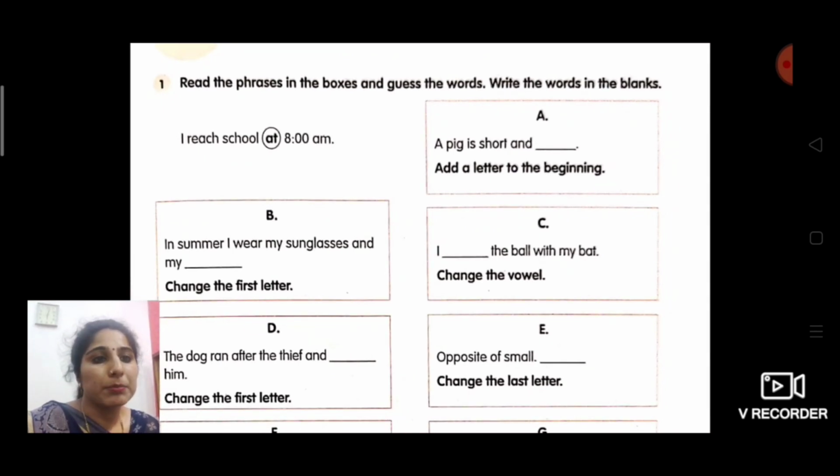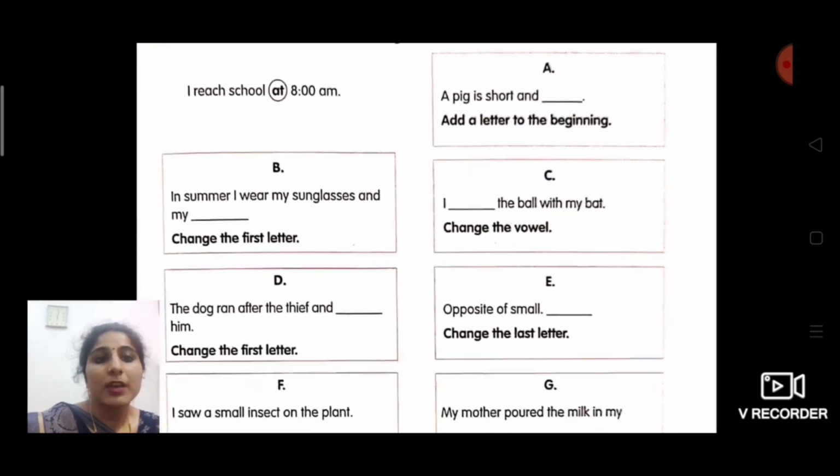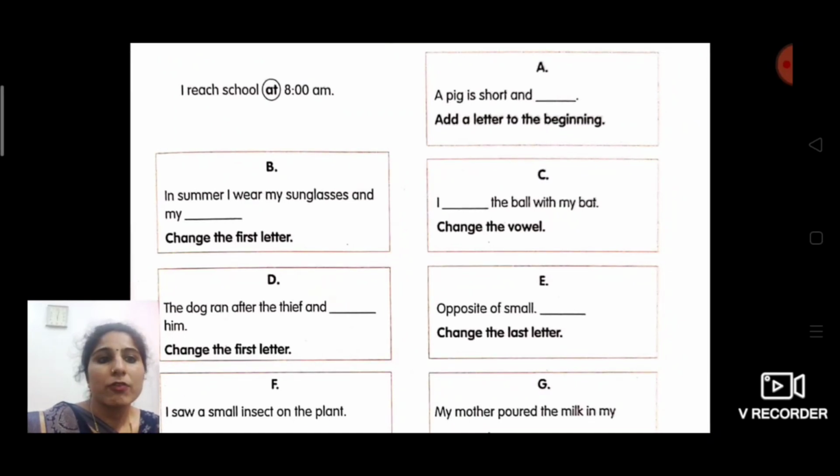Add a letter to the beginning. You will add a letter to the beginning. At the starting, at the beginning, you have to add one letter. In summer, I wear my sunglasses and my dash. Change the first letter. Here also you have to change the first letter.